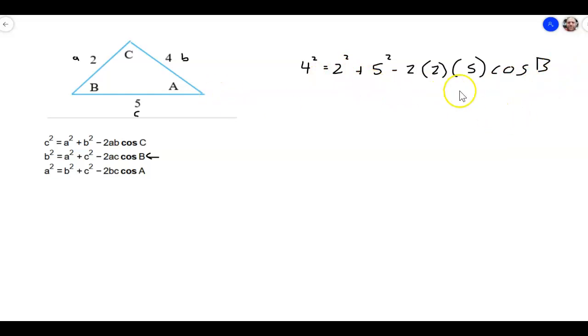All right, we have this big equation, and notice that we only have one unknown, which means we can solve for it.